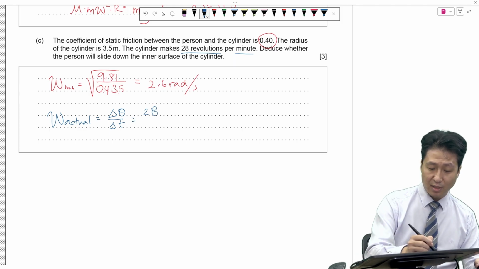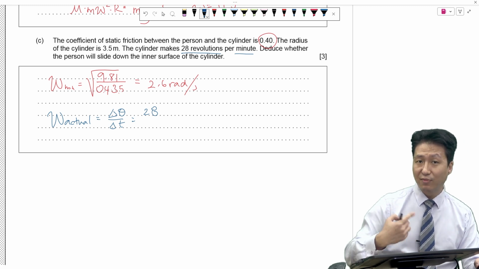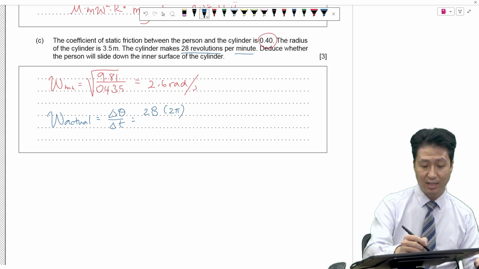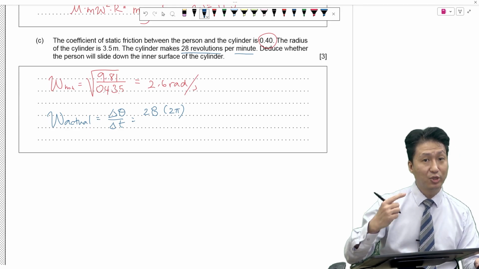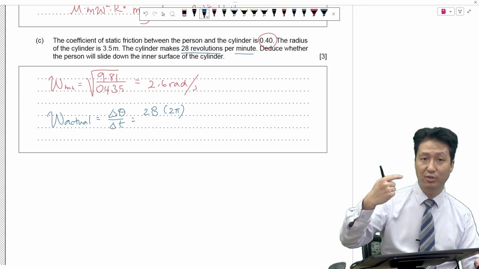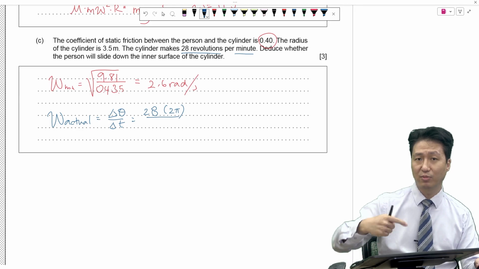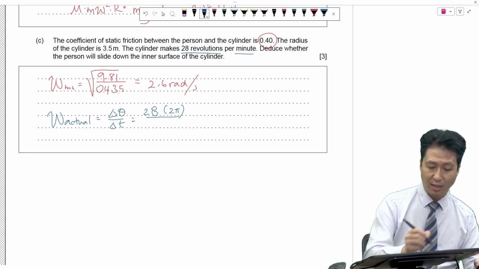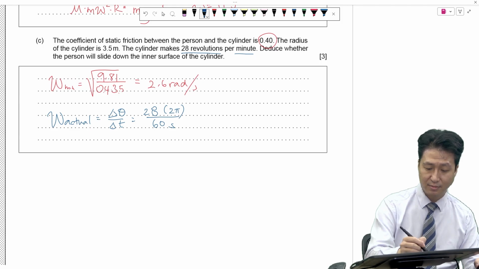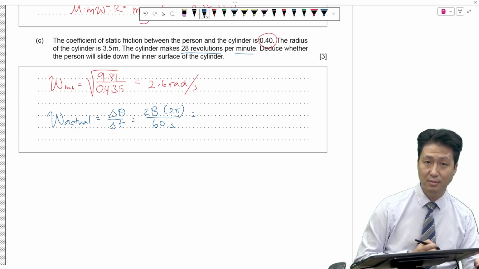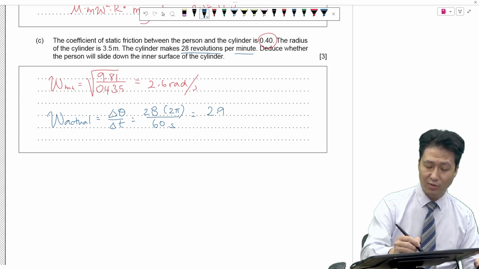Well, 28 revolutions where every revolution is 2 pi, because one revolution is one complete trip around the circle, that is 360 degrees, or 2 pi radians. And divide by time, 1 minute is exactly 60 seconds. And that means the actual angular velocity is 2.9 radians per second.